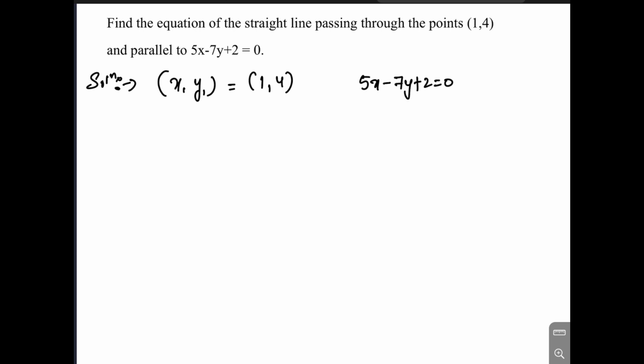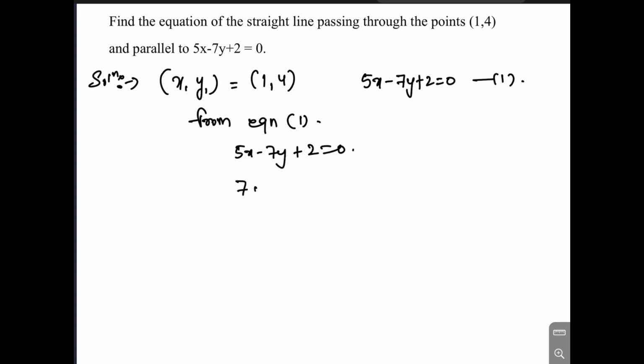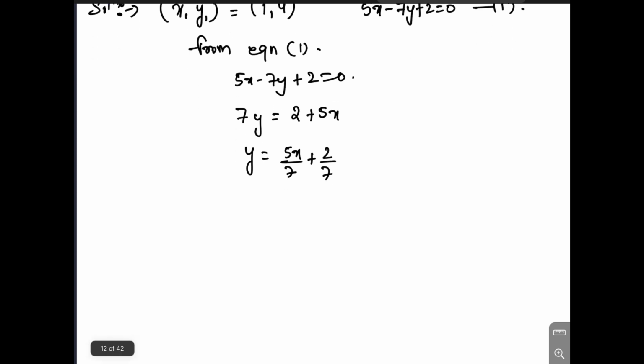For finding the slope, let me consider equation 1: 5x minus 7y plus 2 equals 0, which can be written as 7y equals 2 plus 5x, or y equals 5x divided by 7 plus 2 by 7.